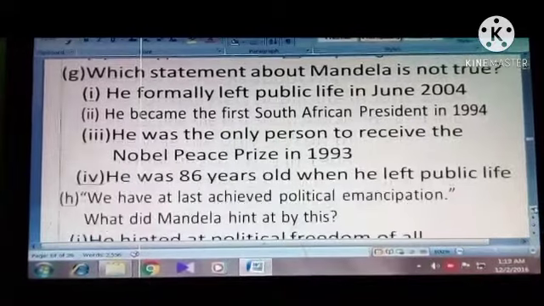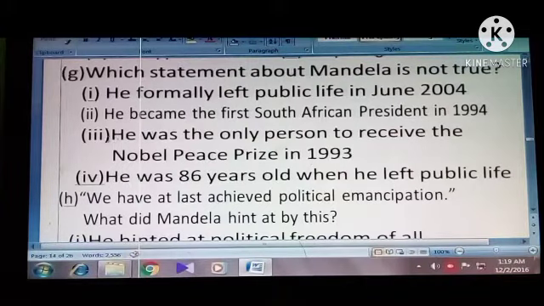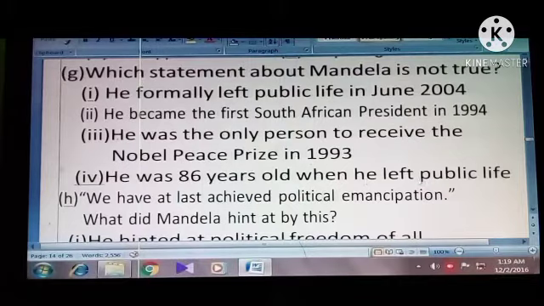Which statement about Mandela is not true? Number 1, he formally left public life in June 2004. Number 2, he became the first South African president in 1994. Number 3, he was the only person to receive the Nobel Peace Prize in 1993. Number 4, he was 86 years old when he left public life.